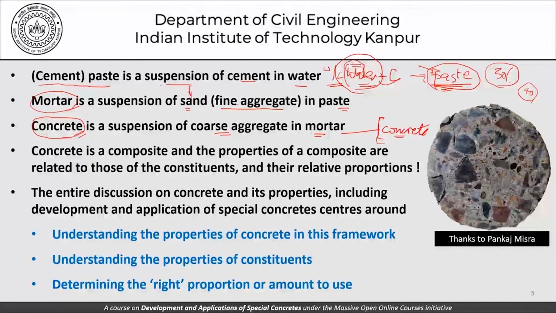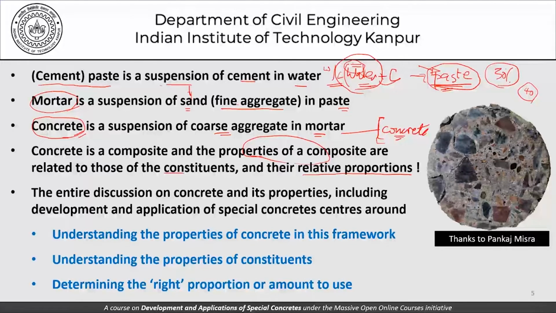If we want a certain property in concrete, what we want is how much sand do we put in, how much cement do we put in, and depending on that, you will get the properties of the composite. It's not only the properties of the constituents, but also their relative proportions.